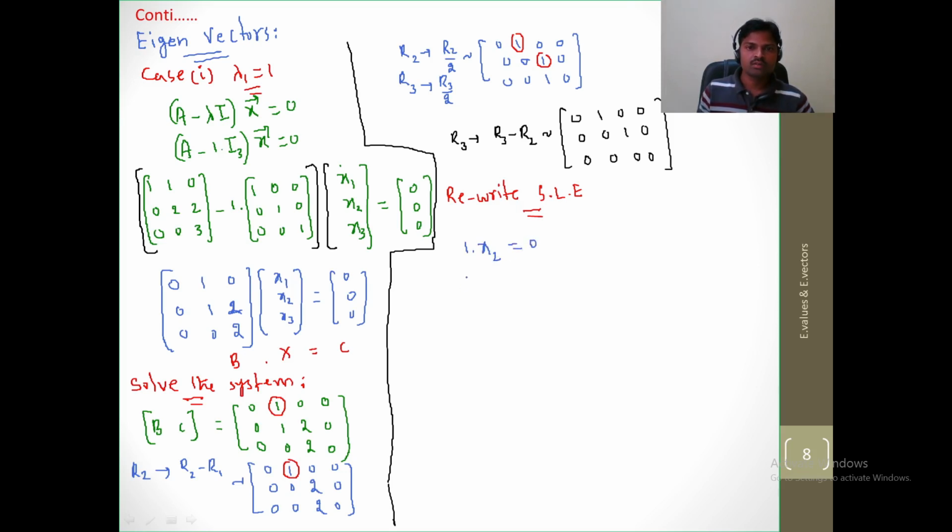Next, 1 into x3 is equal to 0. So this implies I got x2 is equal to 0 and from here x3 is equal to 0. So now x2 is equal to 0 and x3 is equal to 0, I got.